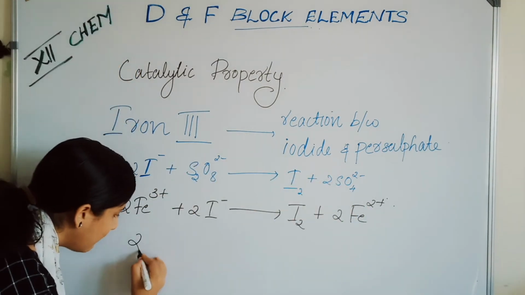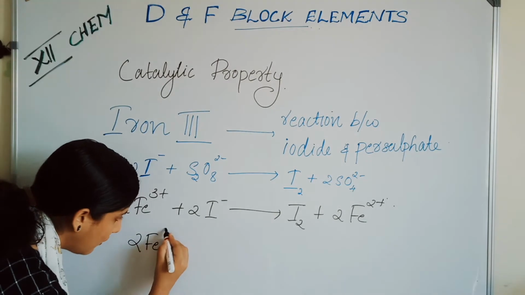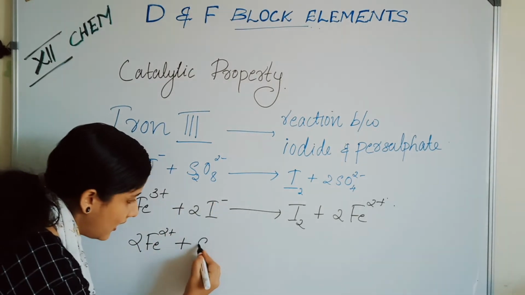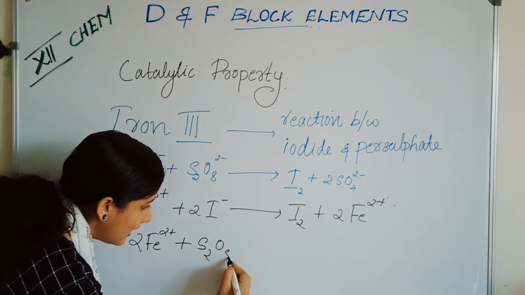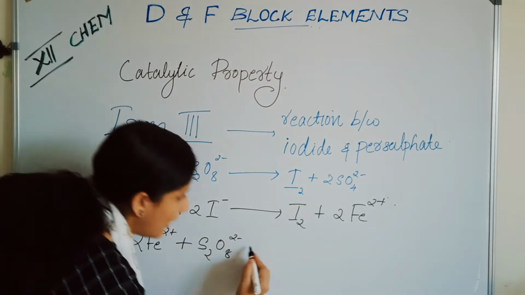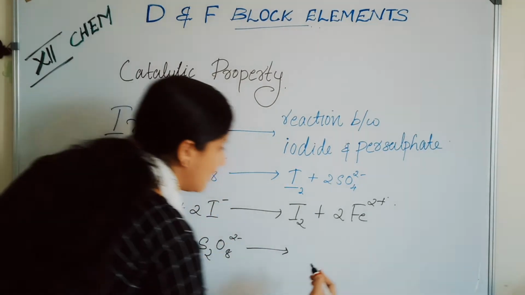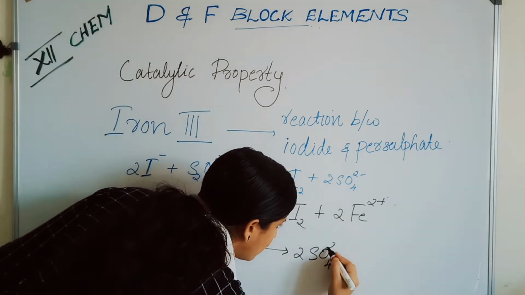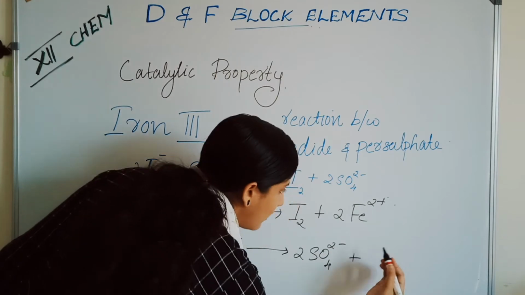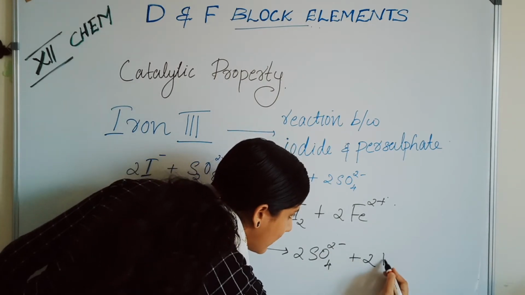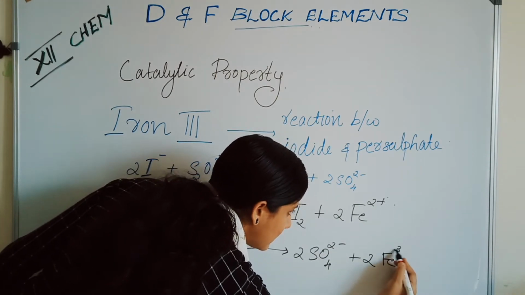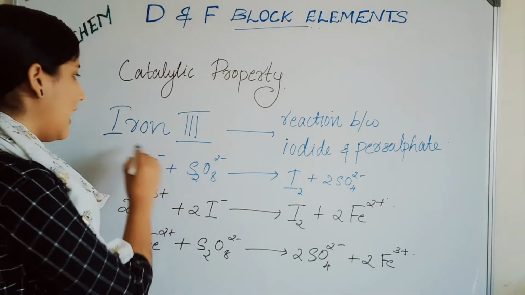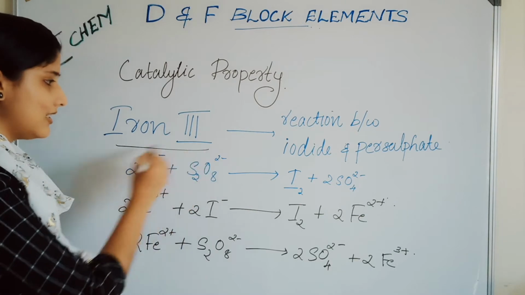Next, this Fe2 plus that we got in the above reaction will react with the persulfate, S2O8 2 minus, and we will get 2SO4 2 minus plus 2Fe3 plus. This is how the catalyst iron 3 reacts in this reaction.